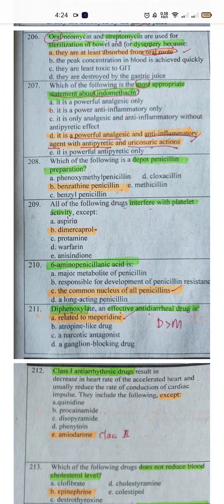Diphenoxylate, an effective antidiarrheal drug, is related to your meperidine because they have the same structural analog. So, diphenoxylate and meperidine have the same structural analog.